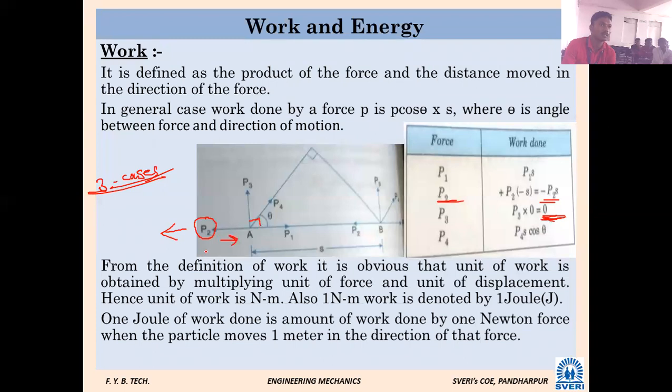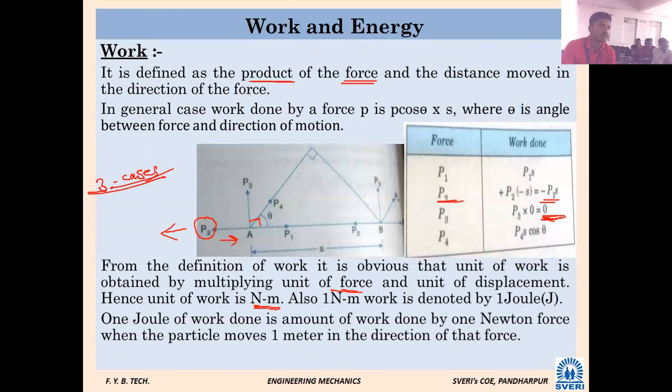Okay. Further, from the definition of work, we have seen it is nothing but the product of force and distance covered, that is displacement. From the definition of work it is obvious what the unit of work is. The unit of force is Newton, and the unit of displacement is meter.